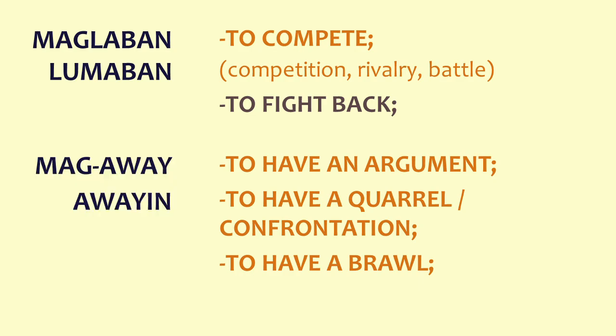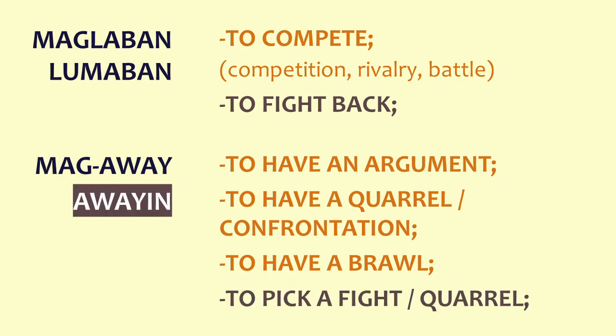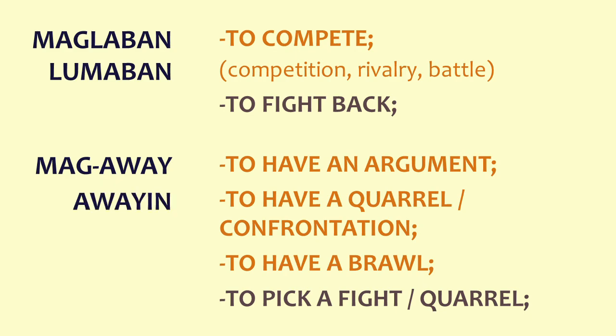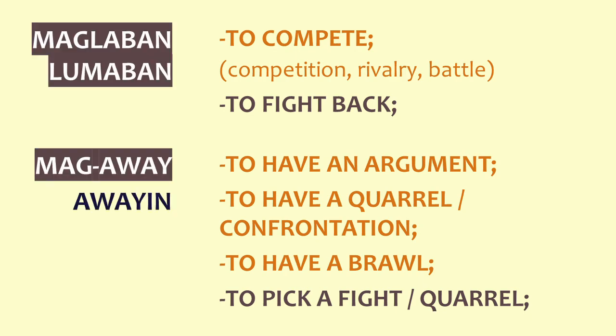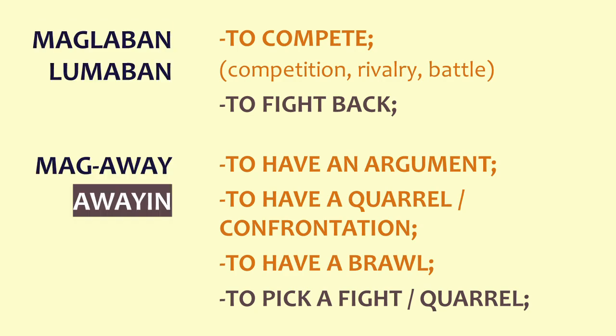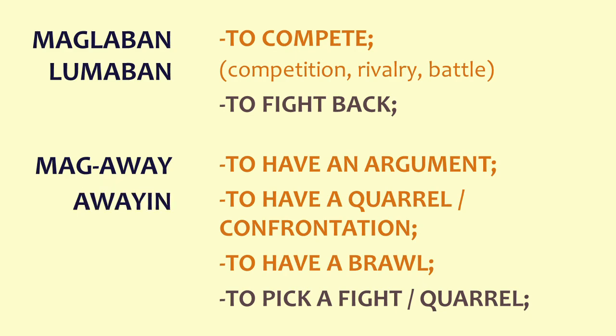Now, for awayin specifically, you use this if you want to say to pick a fight or to pick a quarrel or an argument with someone. These three right here are actor-focused verbs, but this one, awayin, is an object-focused verb. And you'll see later how it differs when it comes to forming the sentences.